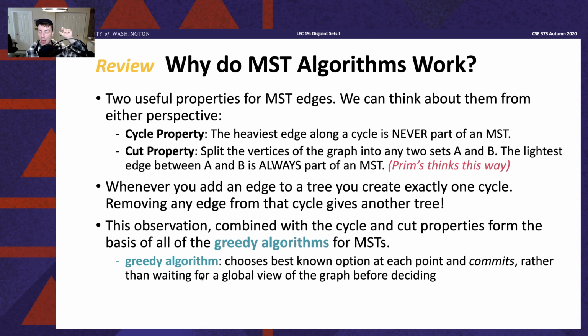That one extra edge to complete the cycle is unnecessary. It's extra cost, but doesn't get you any extra connection. And we also talked about the cut property, which is a little bit more complex, which is, as a reminder, a cut is any partition of your nodes.